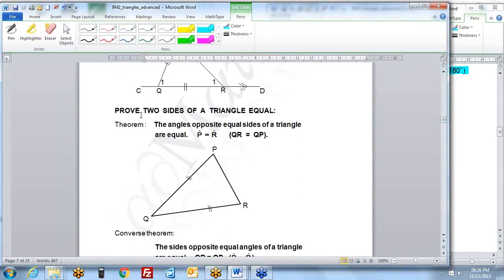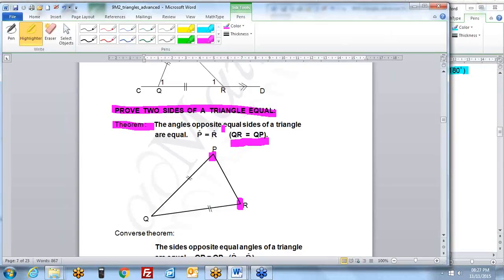Right now we're busy with still the triangle, prove 2 sides of a triangle equal. So we're busy with the theorem. The angles opposite equal sides of a triangle are equal. So angle P will be equal to angle R if, and this is your reason, QR equals QP.